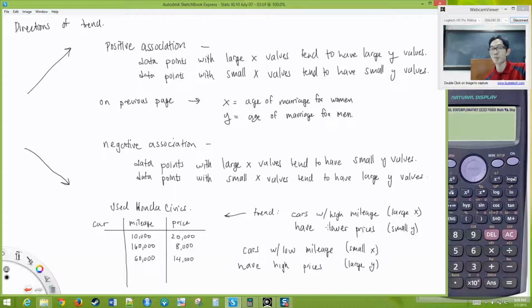Probably the Mercedes-Benz will still have a higher price at 60,000 than this Honda at 10,000 miles. But if you limit yourself to just one model, you'll probably see a very clear trend between mileage and price.